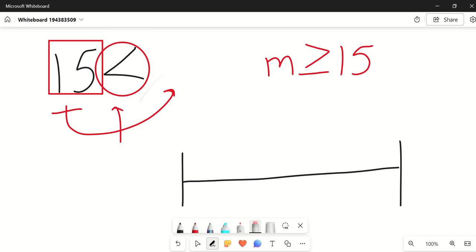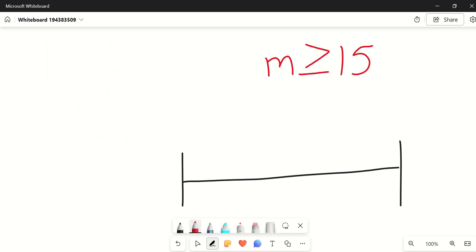So now that it has been changed correctly for me to graph it, the arrow will point to the right. That means what number is on the left? 15. Open or closed dot, ladies and gentlemen? Closed dot, because it can be equal to. And that's it. And that's my graph.